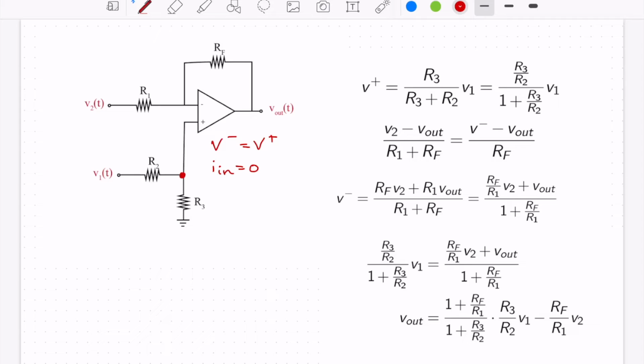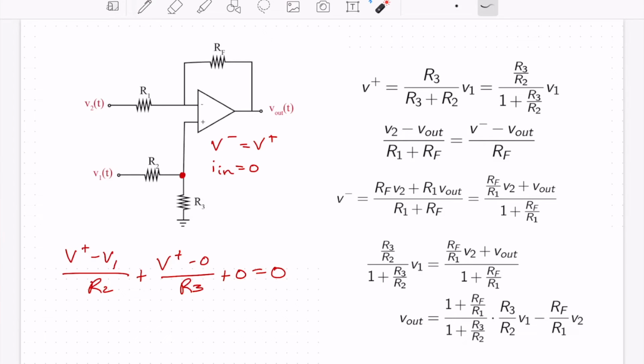That's called V plus. And we'll get V plus minus V1 over R2 plus V plus minus 0 over R3 plus 0 equals 0. So we have this voltage, V plus minus V1 over R2, V plus minus 0 over R3, and the current going out here is 0.